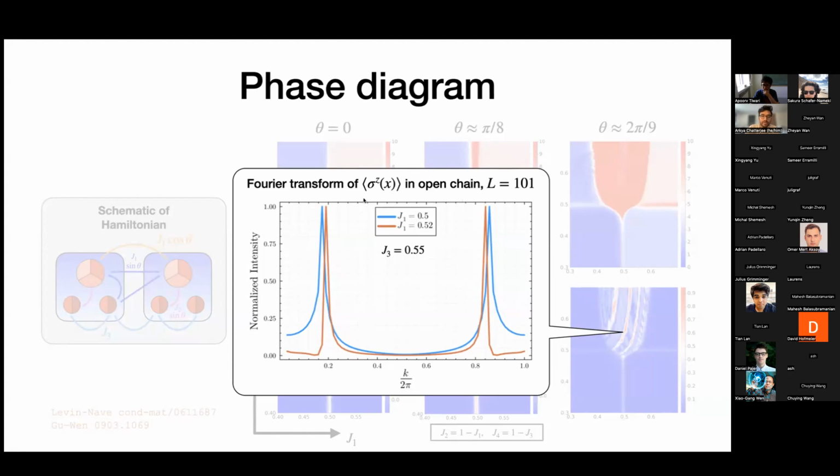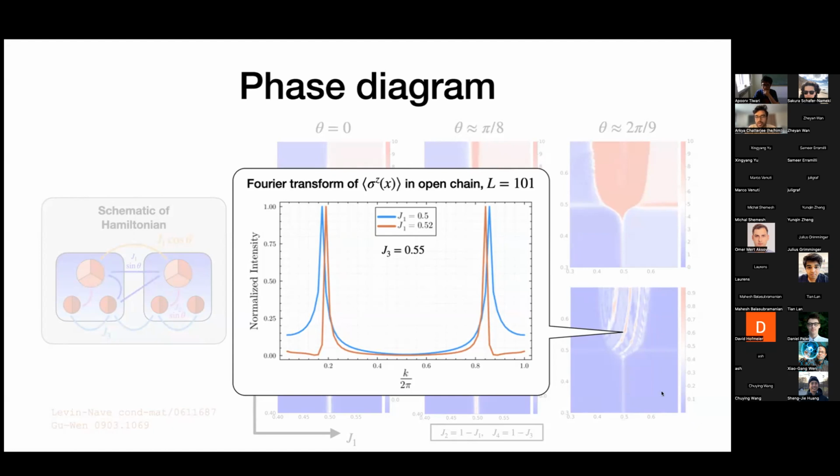And when you compute the Fourier transform of that, you get peaks if you have any oscillations. And it turns out that the position of the peak is very sensitive to the parameters. So here I'm showing you J3 equals 0.55, which is somewhere on this line here, with two different values of J1, which is the horizontal axis. Two different values give you two different peaks in your Fourier transform.